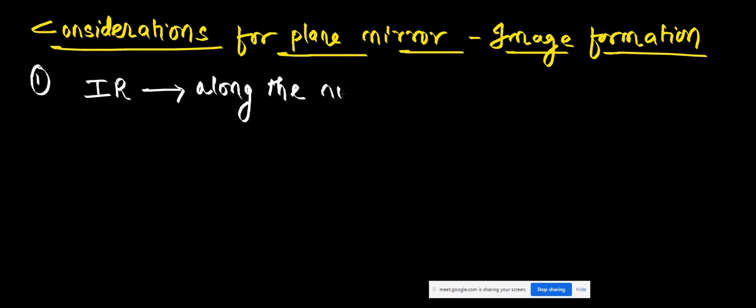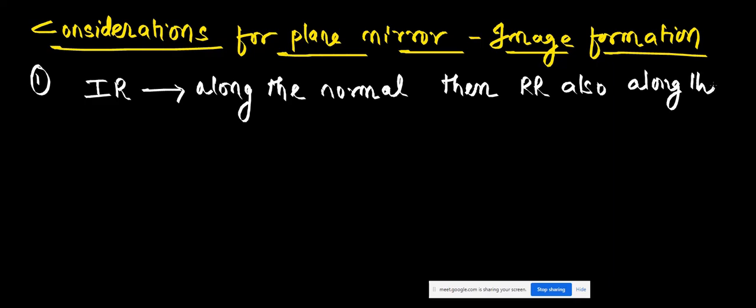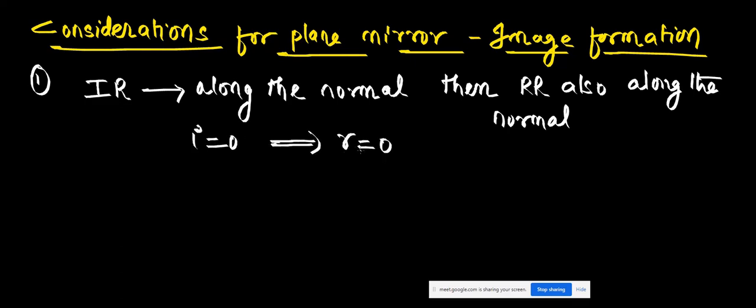You can consider incident rays at any point on the mirror, but we just consider one incident ray along the normal. Then where will the reflected ray be, Gautam? Along the normal. Very good. The reflected ray will also be along the normal. Why is it so? When the incident ray is lying on the normal, there is no gap between the incident ray and normal. In that case the angle of incidence is 0, then the angle of reflection is also 0.